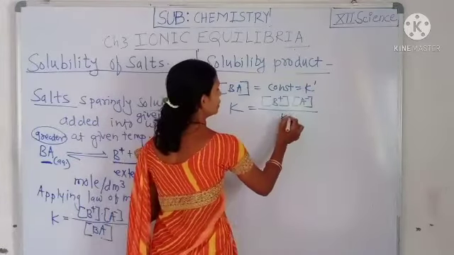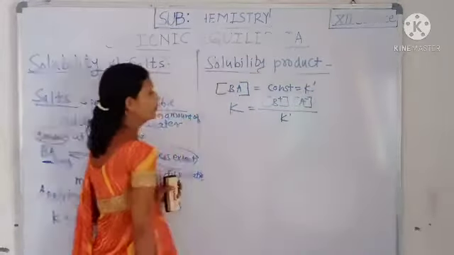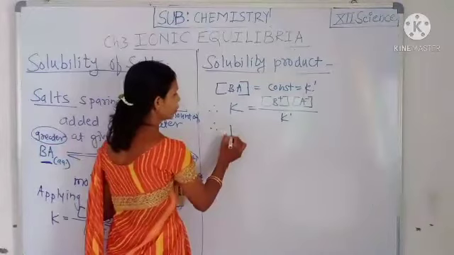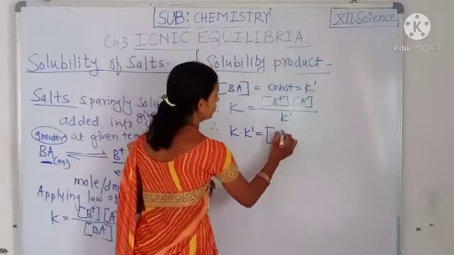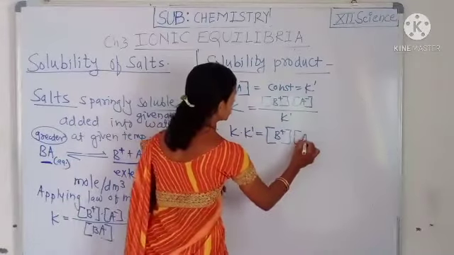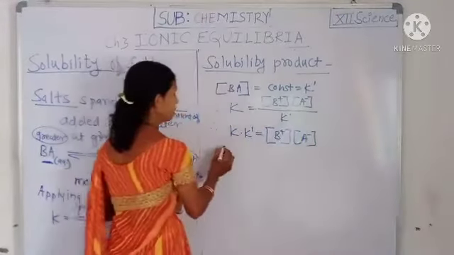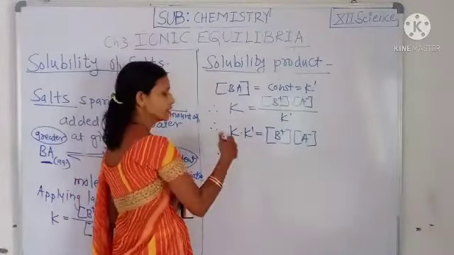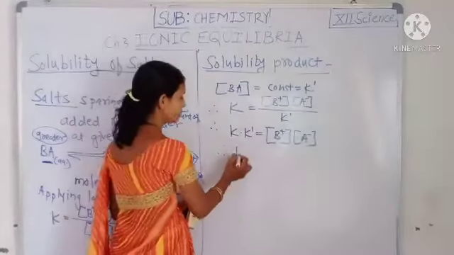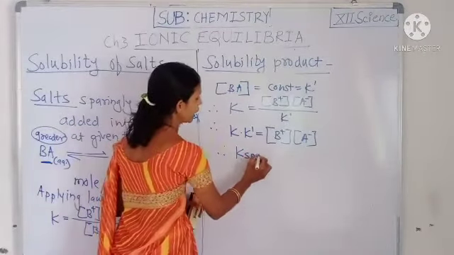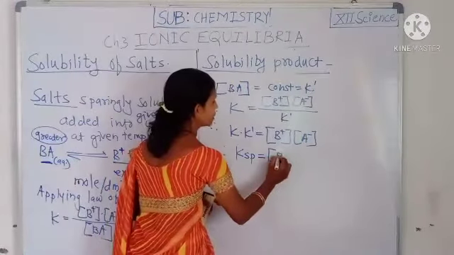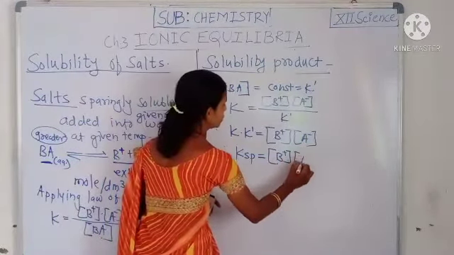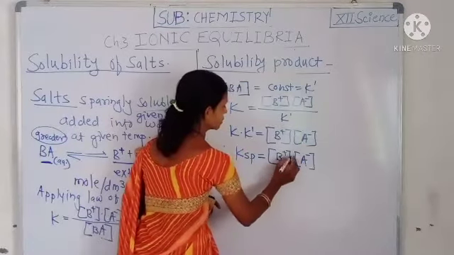Putting in the value of the concentration of BA, we get K into K dash equals the concentration of B plus into the concentration of A minus. K into K dash is the new constant obtained here, that is KSP, equal to the concentration of B plus into the concentration of A minus.